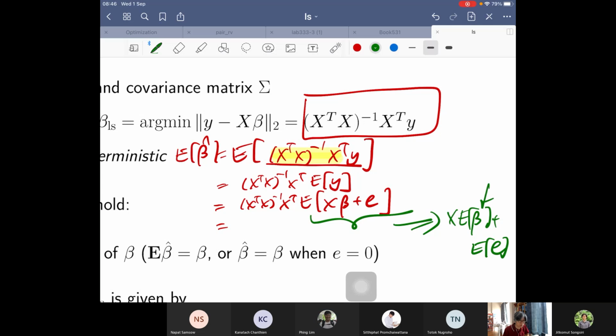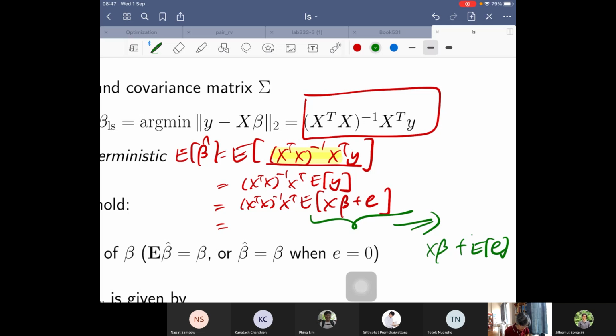Is beta random? Not random. E is random. Okay. So beta, we assume it to be a true parameter, right? Some unknown, but deterministic. Okay.